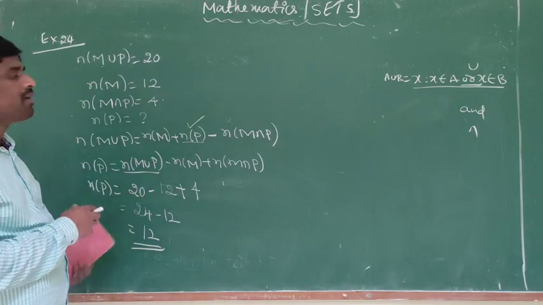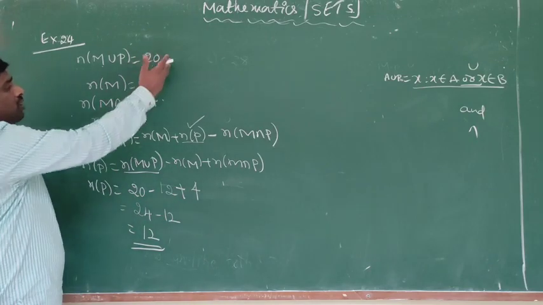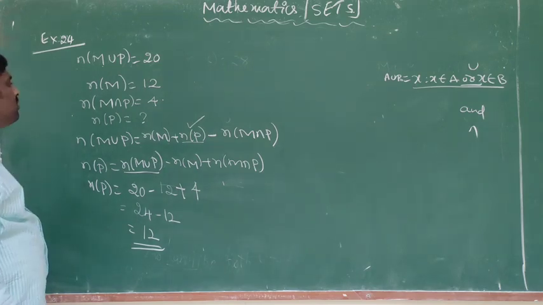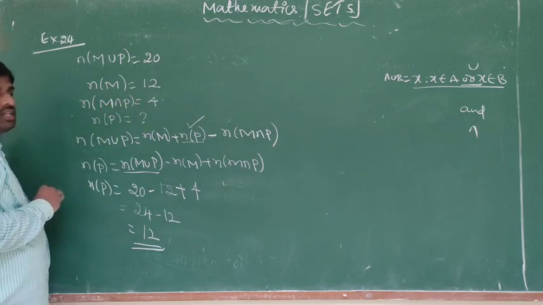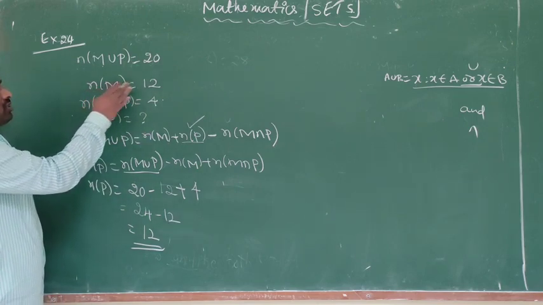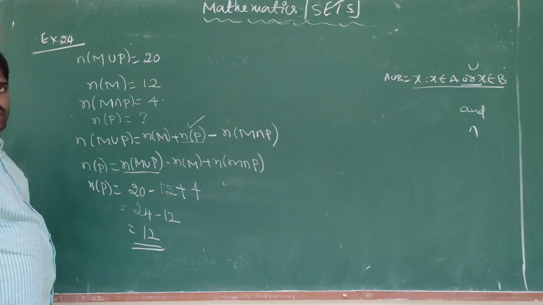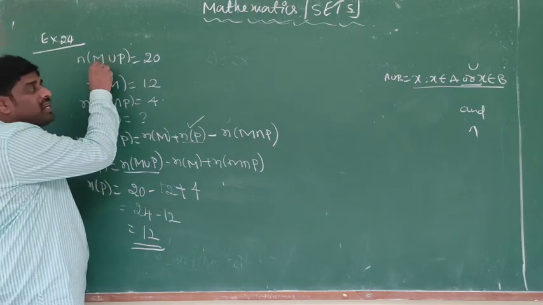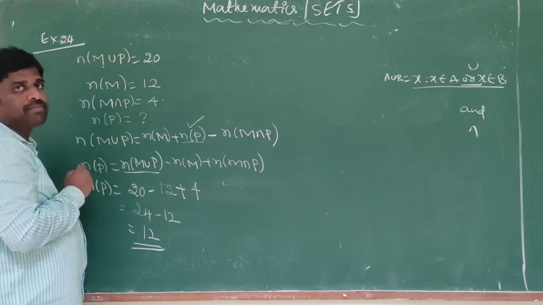I think all of you are clear. These sentences you have to write yourself. The set of people who can teach mathematics, 12. The set of people who can teach mathematics or physics, 20.